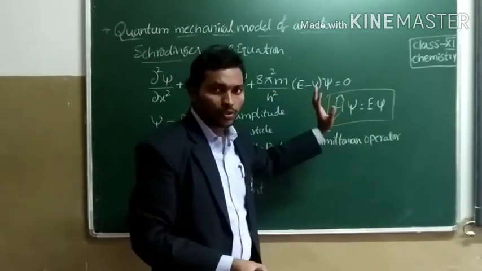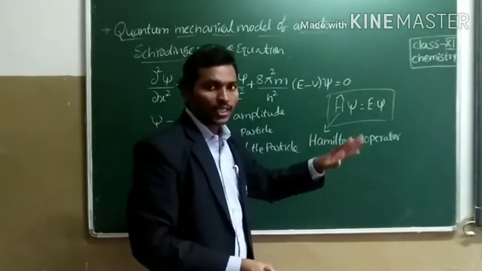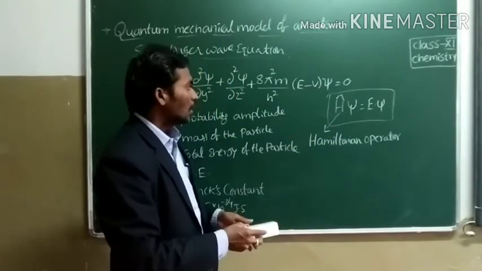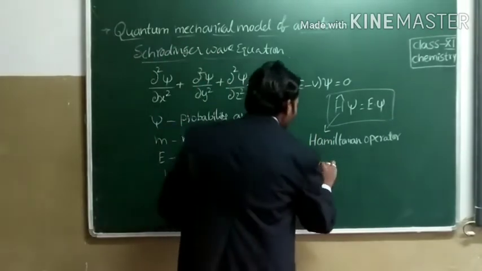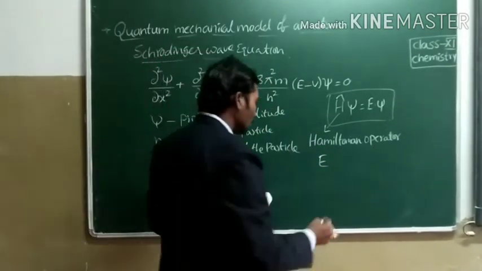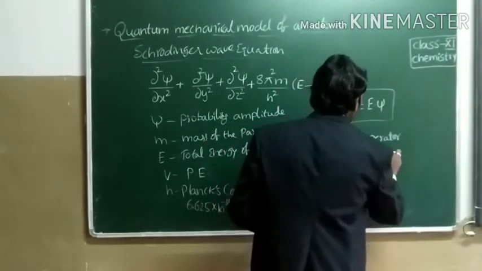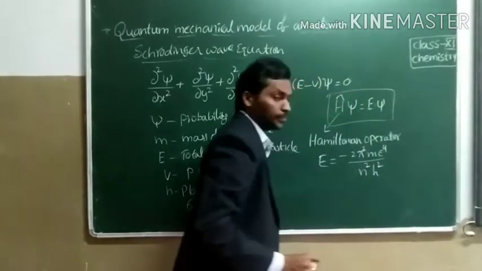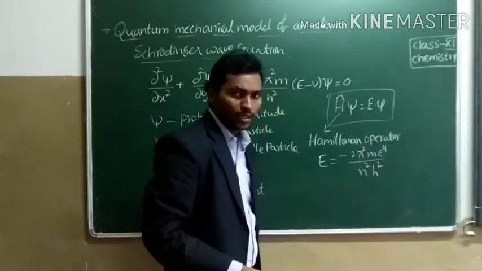When we solve the Schrödinger wave equation for the hydrogen atom, it was noticed that different energy levels are present in the hydrogen atom, and the energy of the electron in the hydrogen atom given by the Schrödinger wave equation is E = −2π²me⁴/n²h².